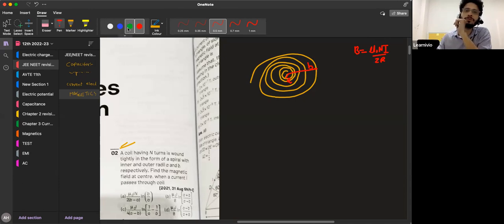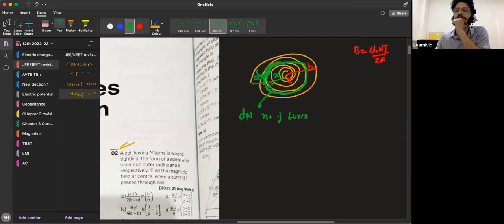So what we will do is consider a small element here. This small element will have some radius x and some thickness dx. Let's say the small element has dn number of turns. The radius of the small element is x.